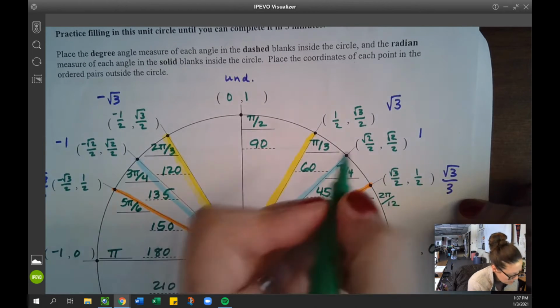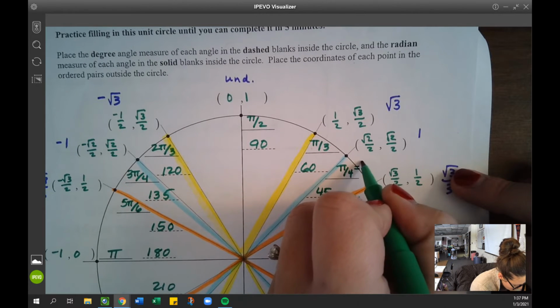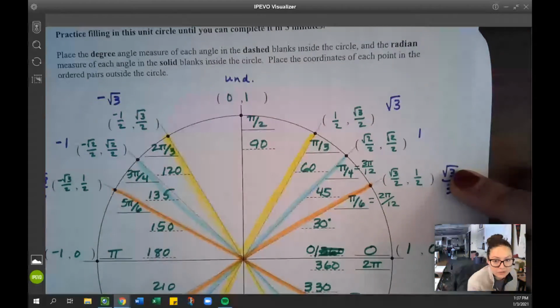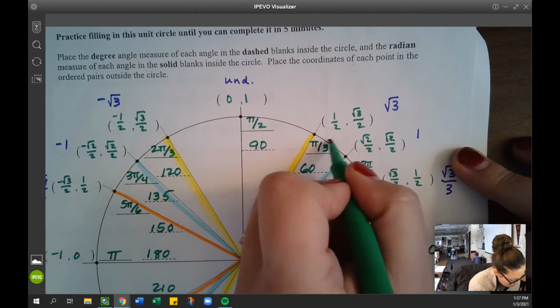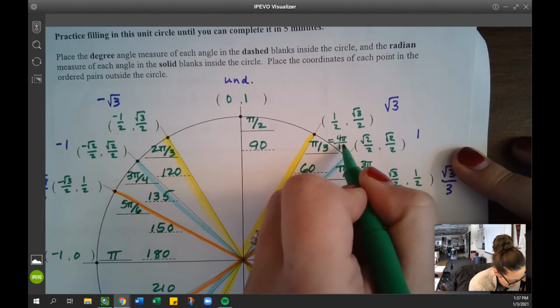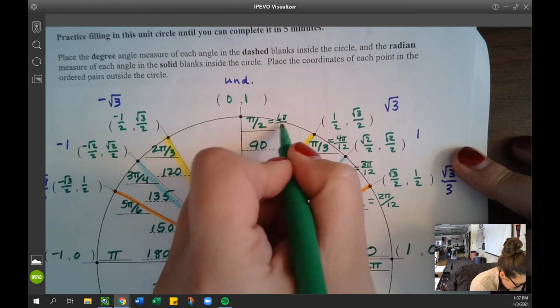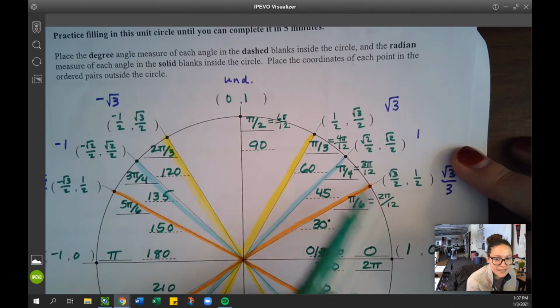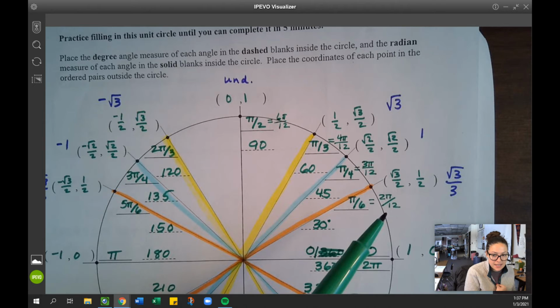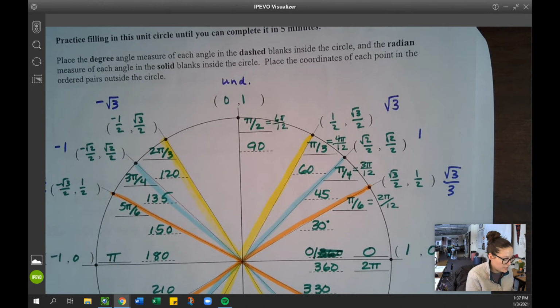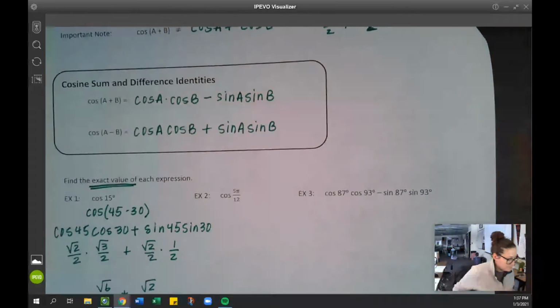Pi over 4 is 3 pi over 12. Pi over 3 is 4 pi over 12. Pi over 2 is 6 pi over 12. So just based on this, I can see that we can get to 5 pi over 12 if we add these two together. Pi over 4 plus pi over 6 would give us 5 pi over 12.